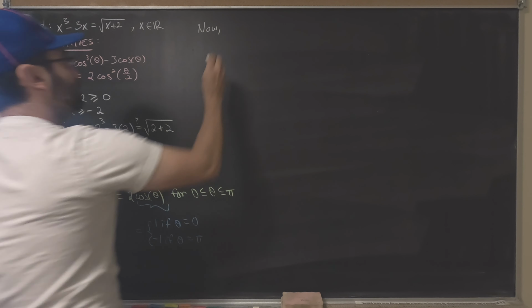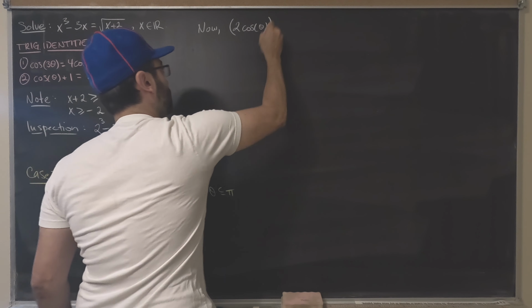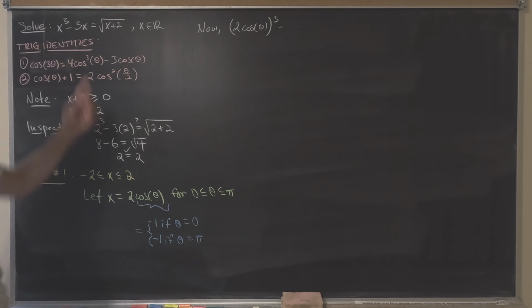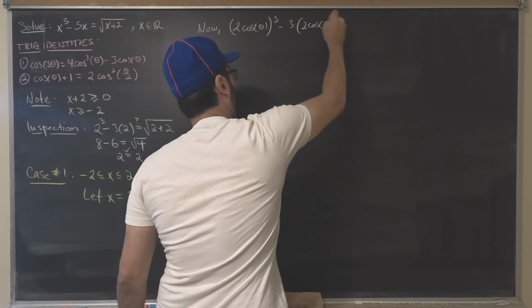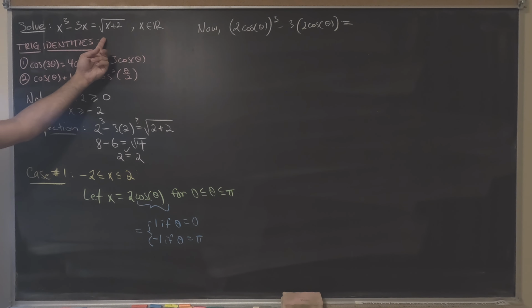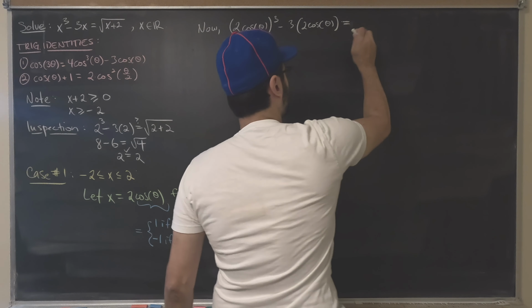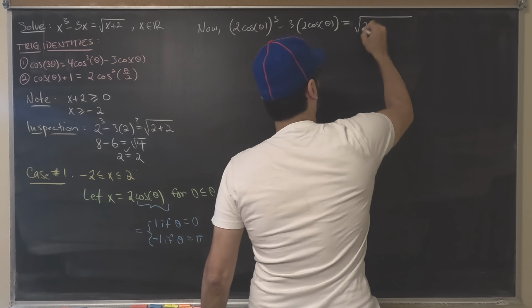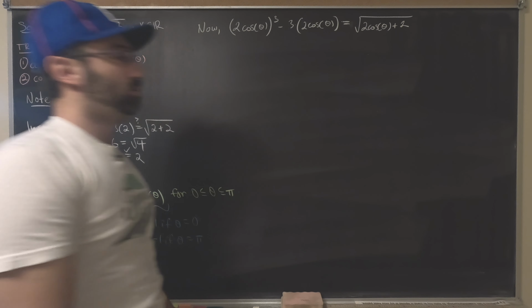So we have 2 cos of theta cubed minus 3 times 2 cos of theta equals the root of x plus 2, or 2 cos of theta plus 2. Perfect.